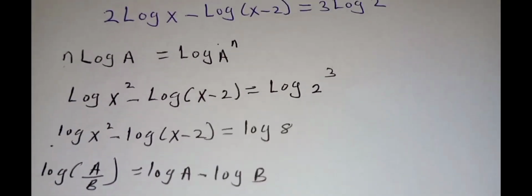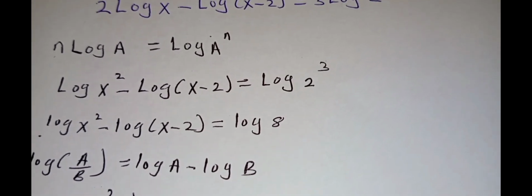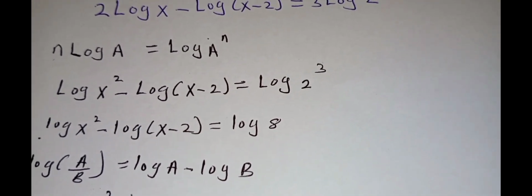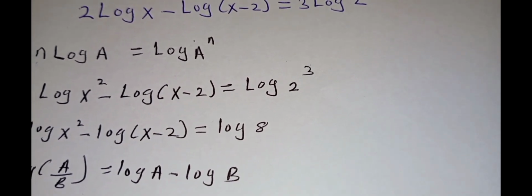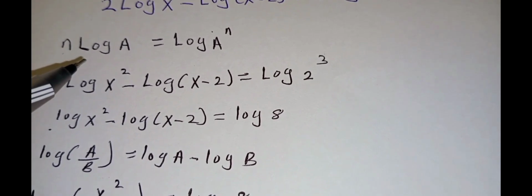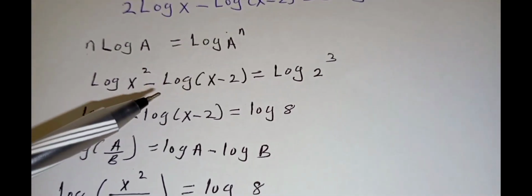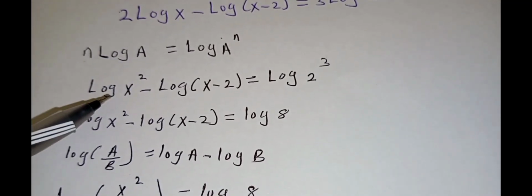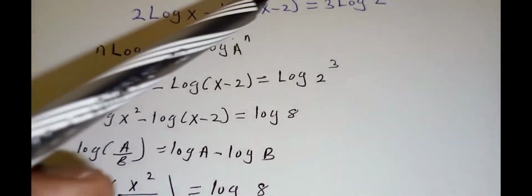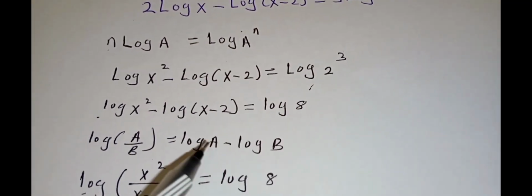Recap: here you are given 2 log of x minus log of bracket x minus 2 is equal to 3 log of 2. So we have made use of this law of logarithm, whereby the index can come in top, and we have written this part as log of x squared, and this other last part we have written it as log of 2 power 3.